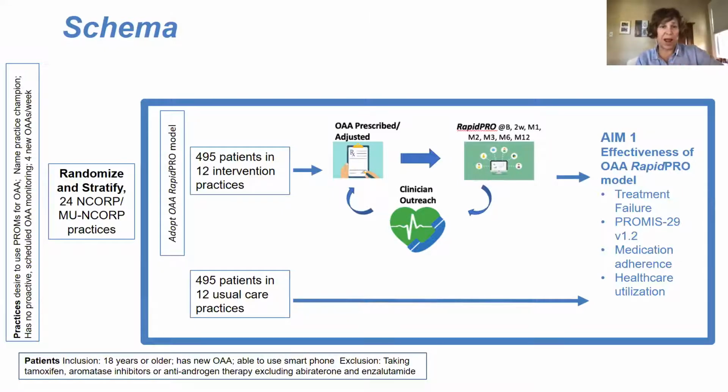The intervention practices will undergo an intervention training program that lasts about 12 weeks, and then they will be asked to proactively interact with their patients who are receiving a new oral anti-cancer agent and to receive information related to symptomatology and adherence from those patients. And then we will measure the effectiveness of that.